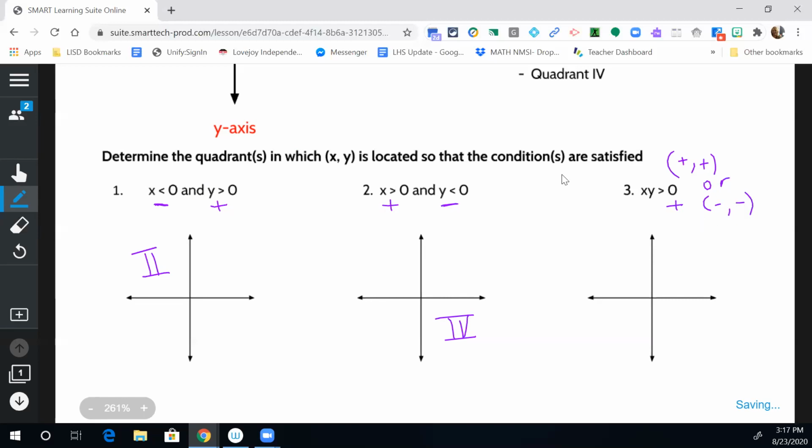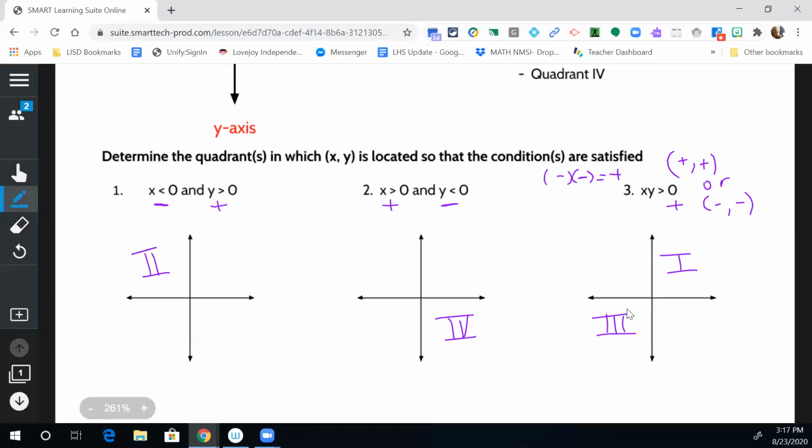So if x were negative and y were negative, then that would give me a positive as well, wouldn't it? And so there's two answers here. We could be in the quadrant where they're both positive, which is quadrant 1, or we could be in the quadrant where they're both negative, which is quadrant 3. So there's two answers, quadrant 1 and 3.